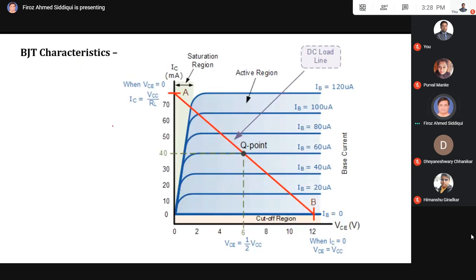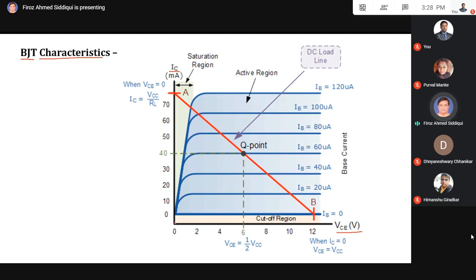So this is the BJT characteristic, and it is between the collector current IC and the collector-emitter voltage VCE.